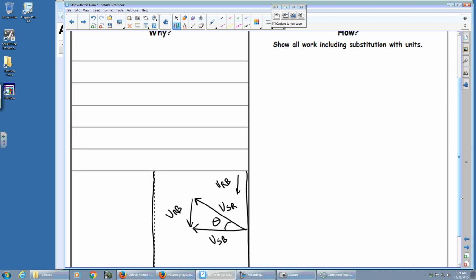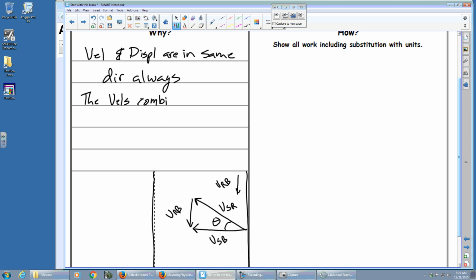Word-wise, what I would probably add in there are things like: velocity and displacement are in the same direction always, and velocities combine vectorially.